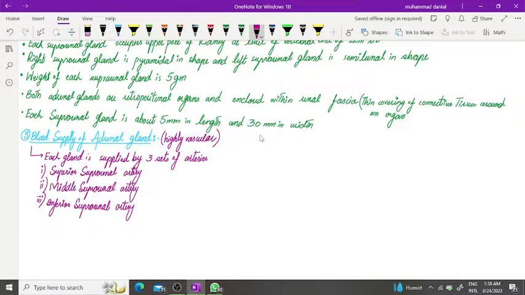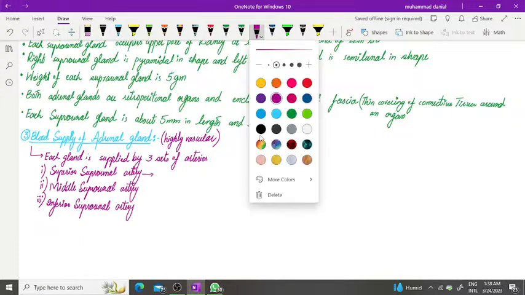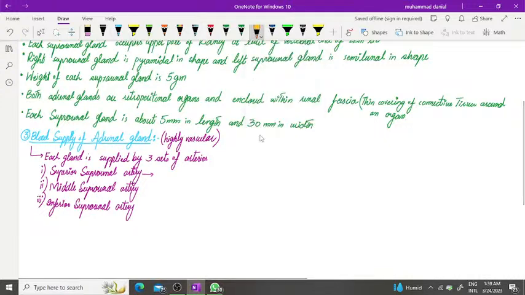If I talk about the superior suprarenal artery, it is a sub branch of the pharynx artery.